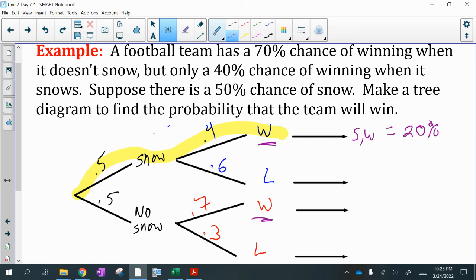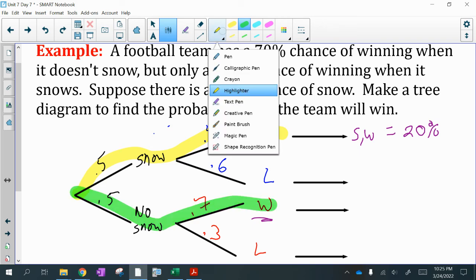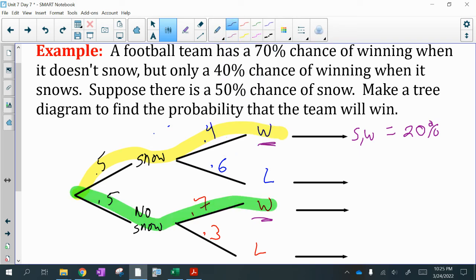And then we're going to follow the other path on this one, and we're going to go to winning, and we're going to say, okay, 0.5 with 0.7 to get to winning. And in that case, we're now going to go with if we have no snow and still get to winning. I multiply things out, and I'm going to get 0.35 or 35% chance of winning.